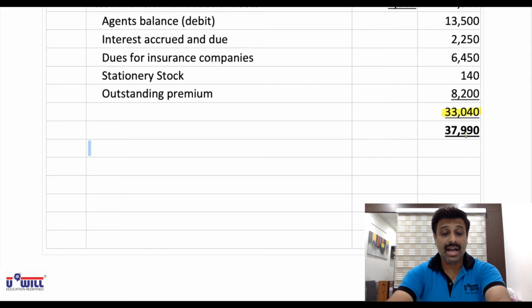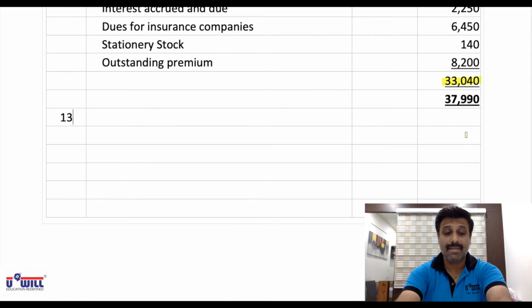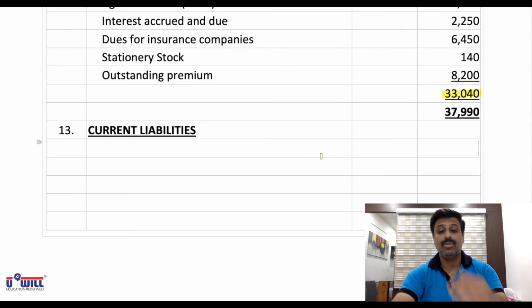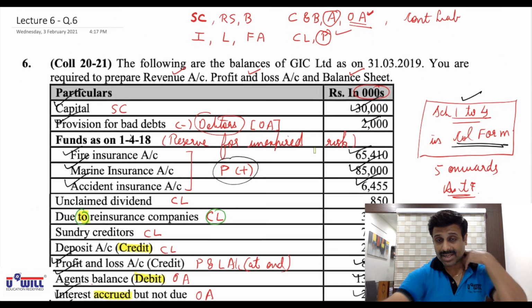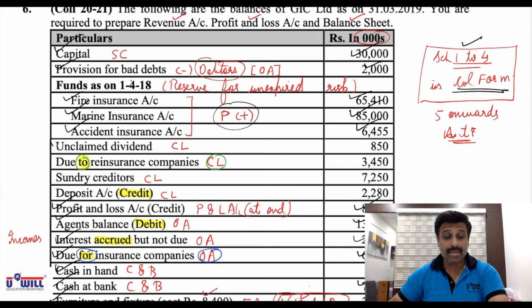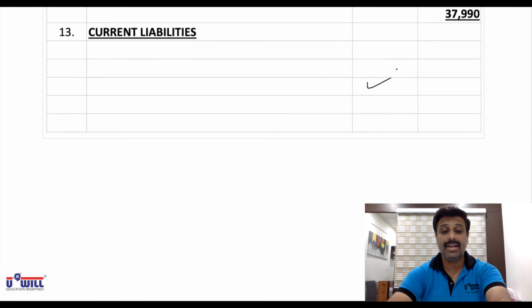Now, after advances and other assets, 13th is current liabilities. So all the items marked as CL will be taken into consideration here. So current liabilities, very first we have unclaimed dividend 850.